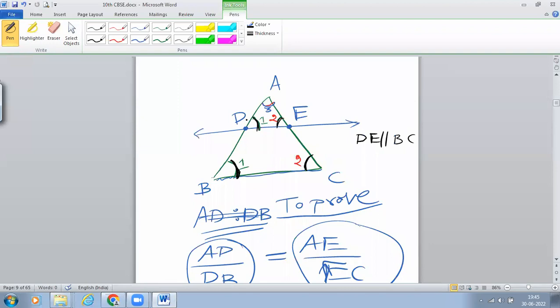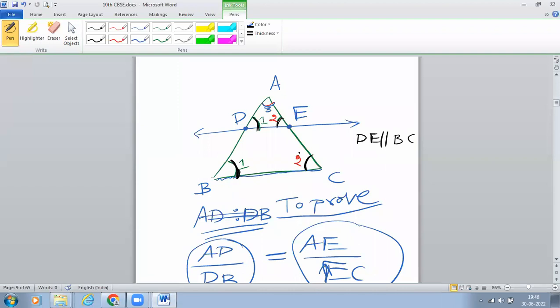Likewise, in triangle ABC also, angle 3, angle 1, angle 2. Are you able to understand this? Yes, sir. Now, using these 3 steps, what we are concluding is the 2 triangles are similar to each other by the AAA similarity rule. This you have already studied.